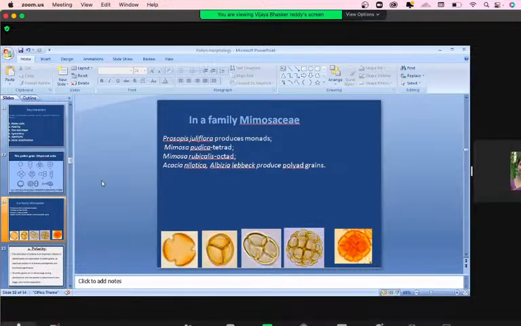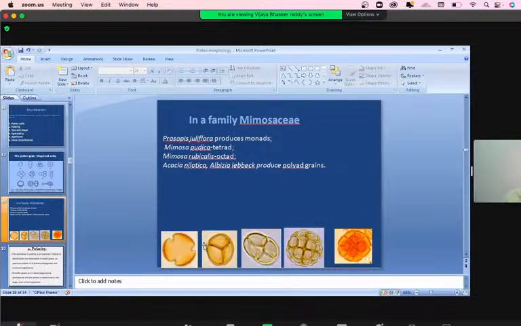Okay. Thank you. So here you see the family Mimosaceae. Can you see the slide? We can identify the pollen grains based on their pollen units. For example, Prosopis juliflora or Prosopis cineraria, Jambi and Sarcopuma release pollen grains from the anther lobes as a single unit.